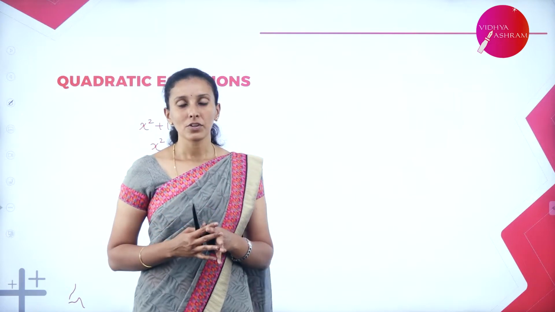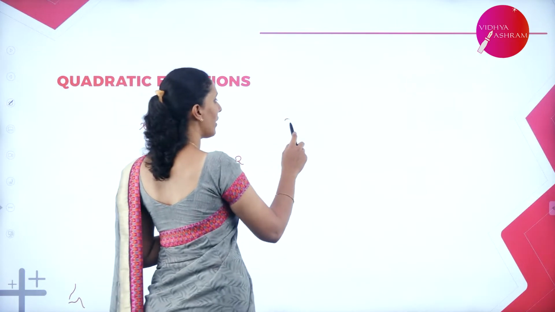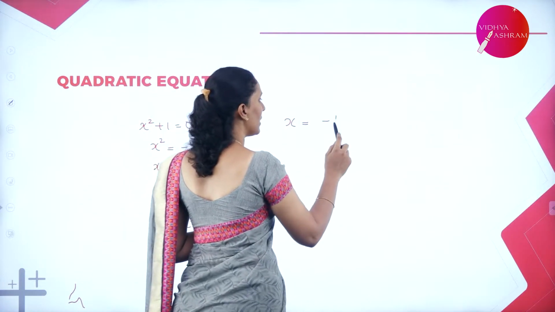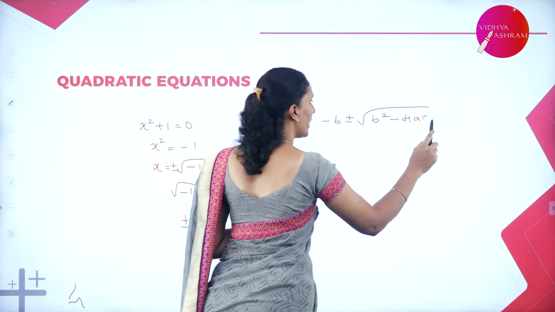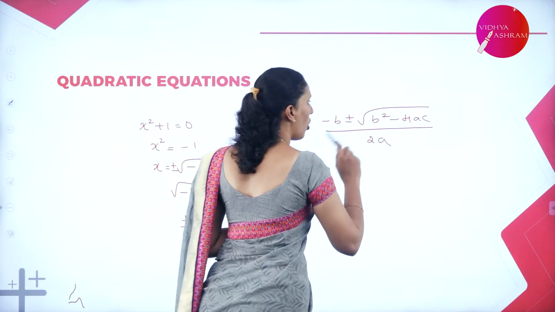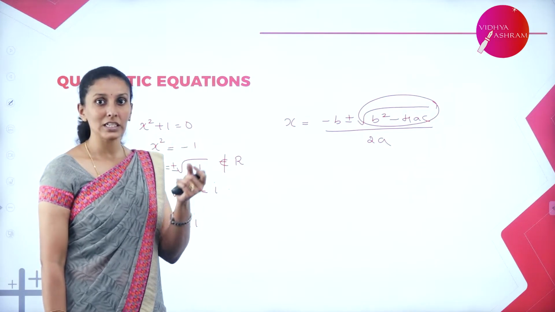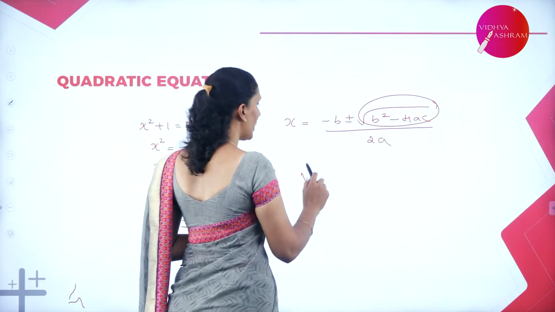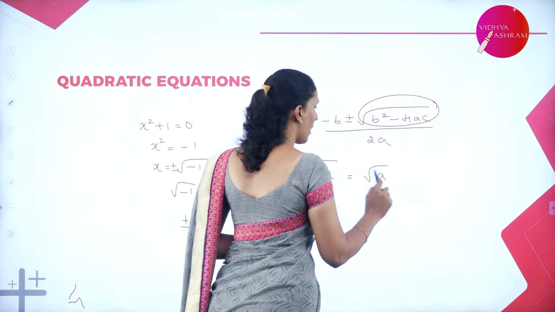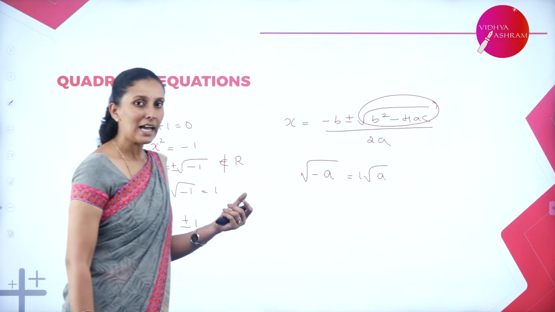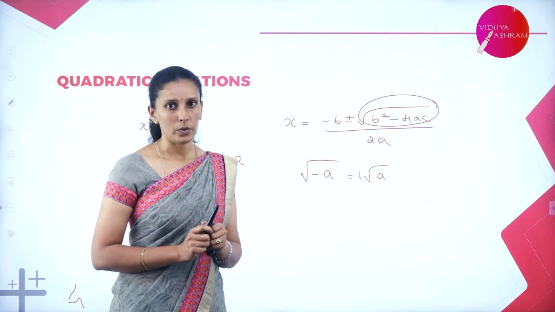So here we will solve a few quadratic equations using the same formula which you have learnt in your earlier classes, that x is equal to minus b plus or minus square root of b square minus 4ac divided by 2a. Obviously, b square minus 4ac, you will get a value less than 0, that is negative. So when you get any negative value under the square root, you just replace it by root a into i, or just write it as i root a.